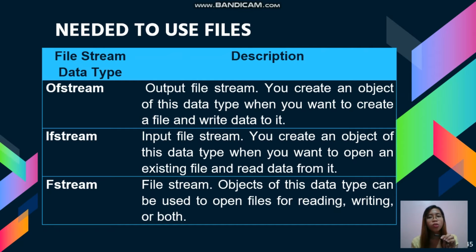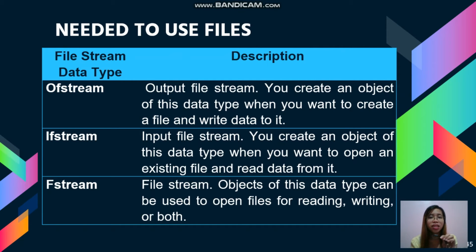Then, the next day, you want to retrieve the data and display it again, and you have an existing file where you put the names yesterday. So, when you want to open an existing file and read data from it to display in your program, you have to use input file stream.